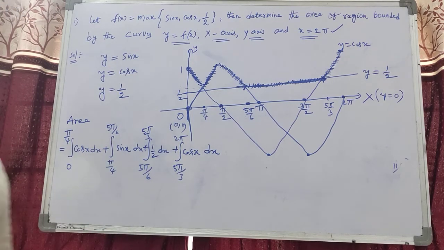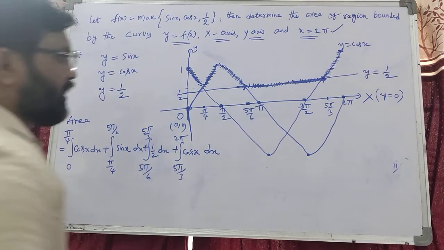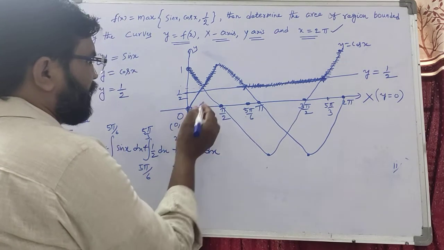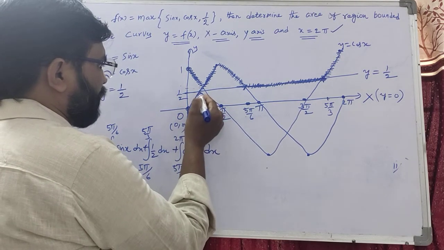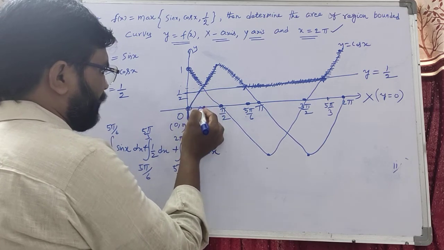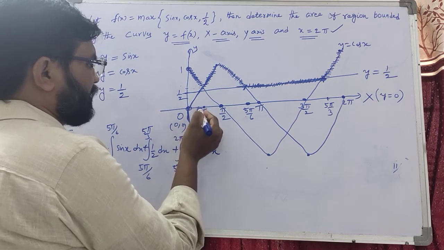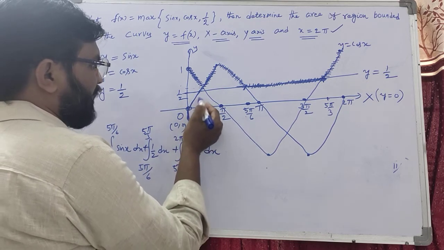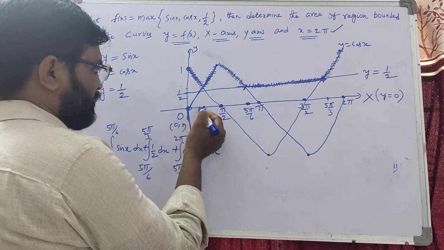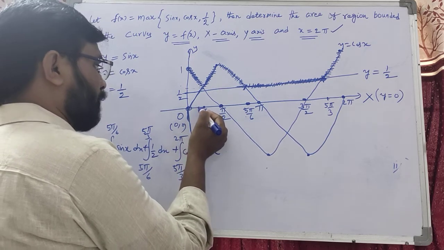Suppose the same question is given with minimum, you can take the minimum here. Suppose between 0 to pi/4, up to here we can take 1/2. So this 1/2 means, students, pi/6, sin 30 degrees. Pi/6 is 1/2. Therefore first you can write 0 to pi/6.